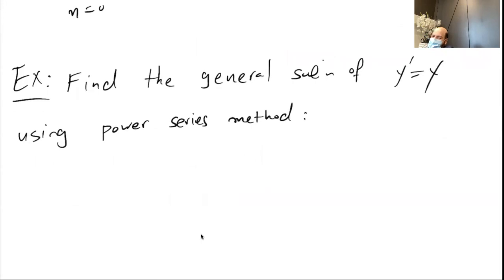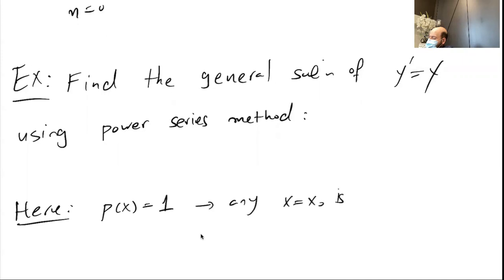So here x naught is not given. So we have to fix x naught. We can fix it to be any arbitrary ordinary point. Ordinary point here is what? Here P of x is 1. So that means any x naught is an ordinary point for this ODE.